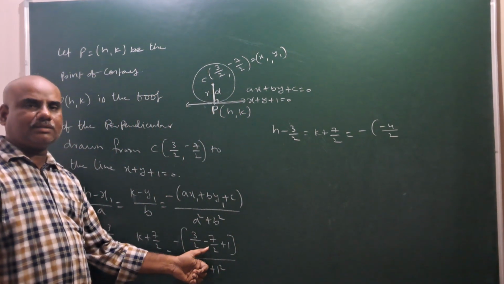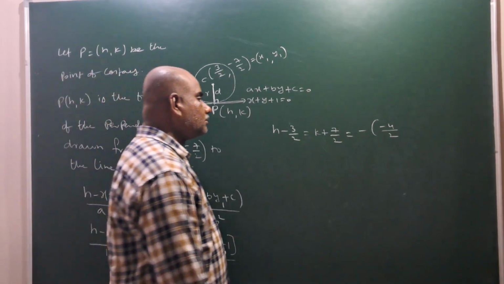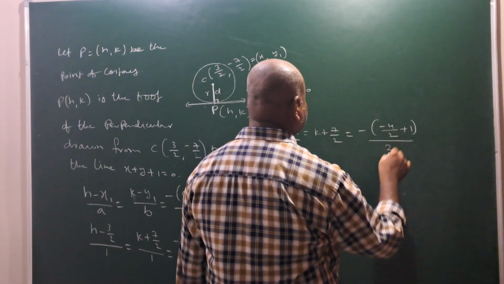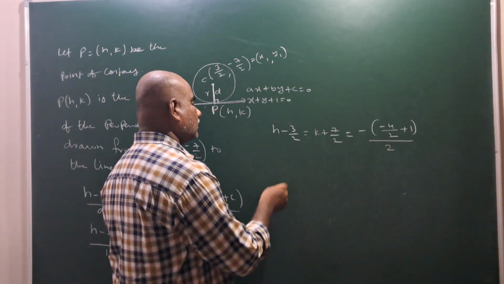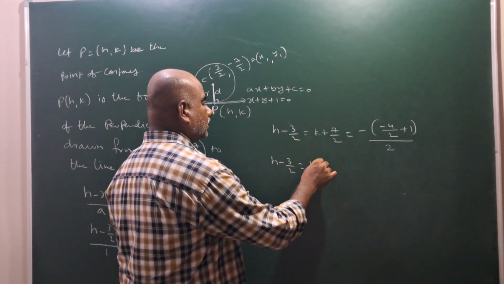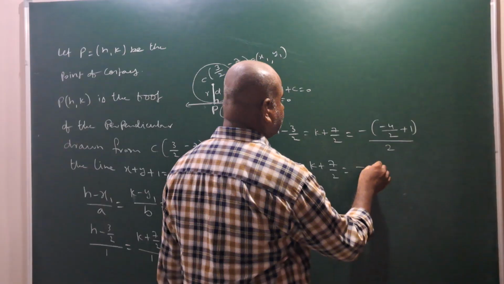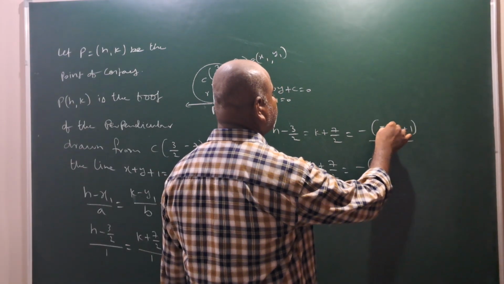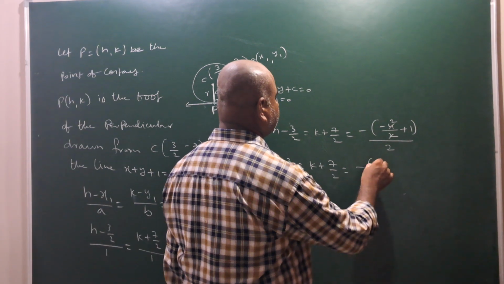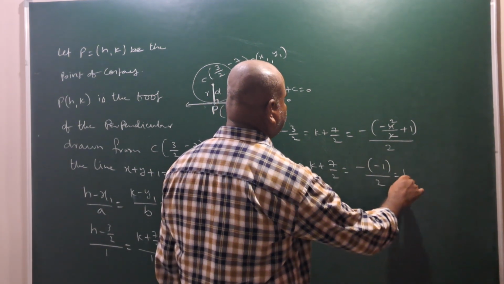So we take 3 - 7, which is equal to -4, plus 1, over 1² + 1², which is nothing but 2. Okay. So h - 3/2 is equal to k + 7/2 is equal to minus of (-2 + 1)/2, which is equal to minus of (-1)/2, which is equal to 1/2.